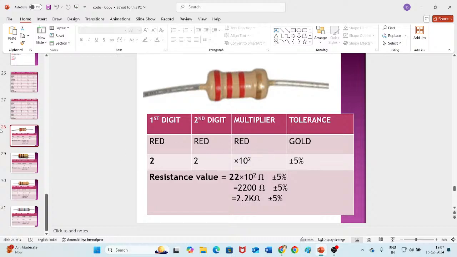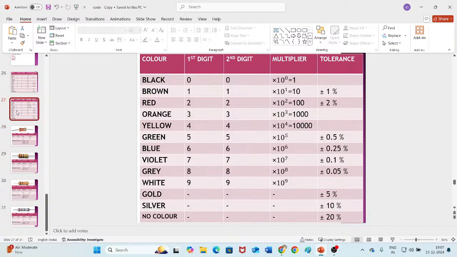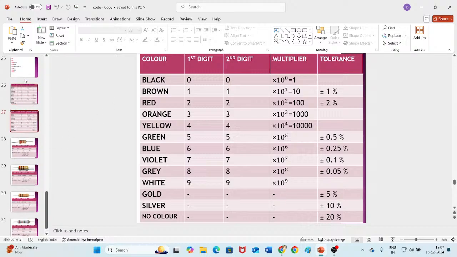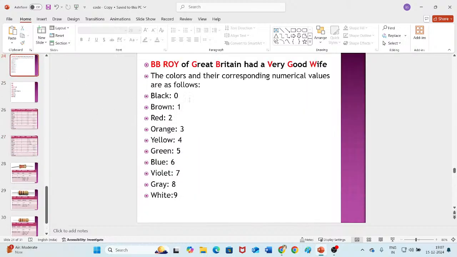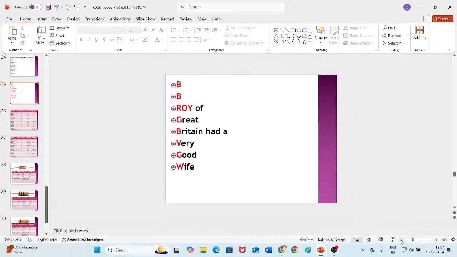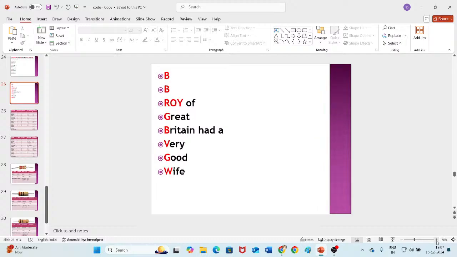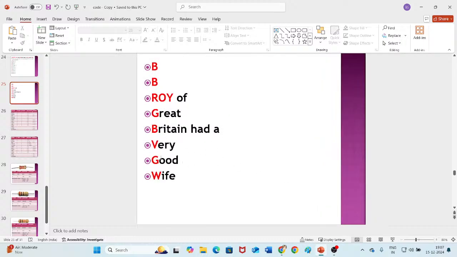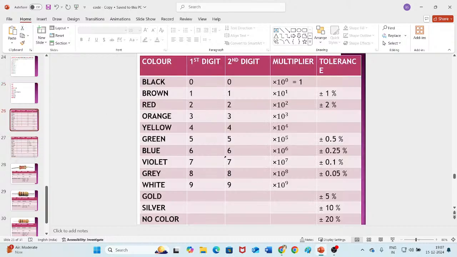Okay, so this table, you can write it down very easily if you remember this. If you just remember B.B. Roy of Great Britain had a very good wife, so you can write down on your own.